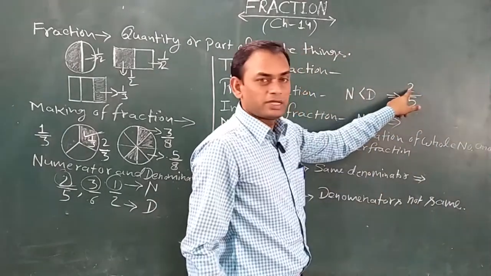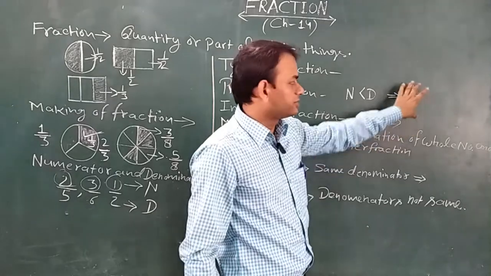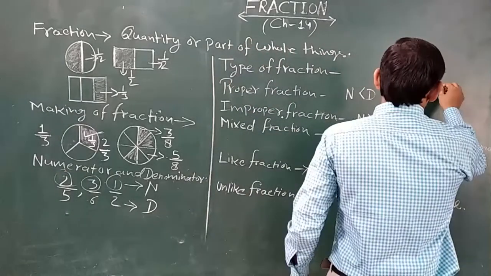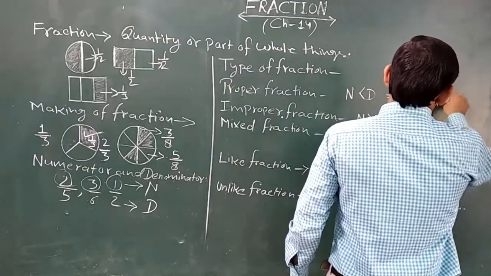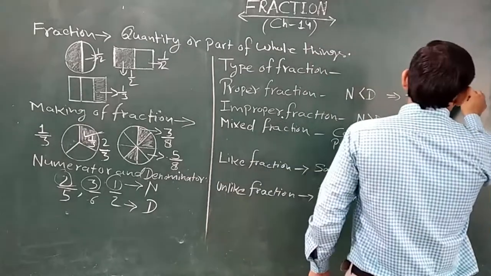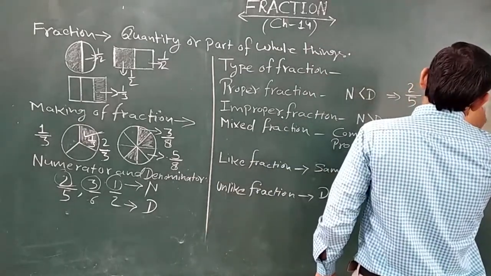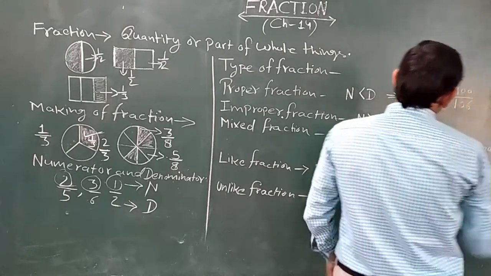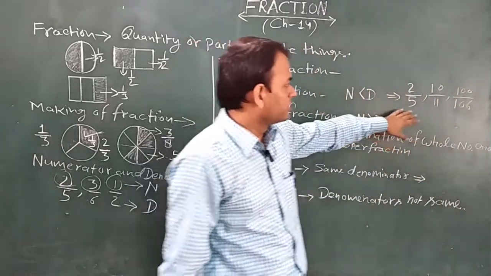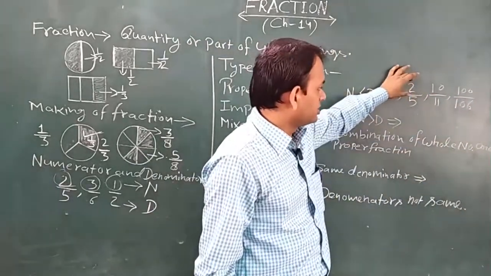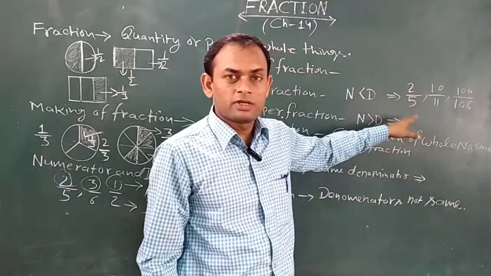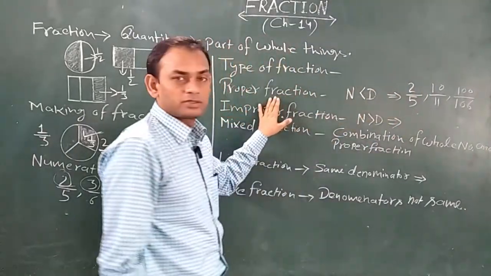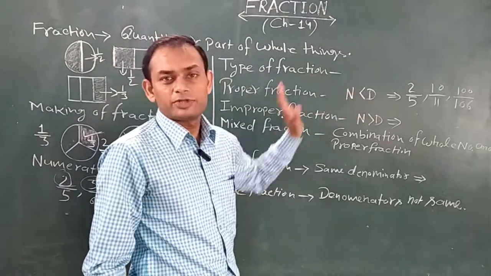Here the numerator is smaller than the denominator, so this is a proper fraction. Like 10 upon 11, 100 upon 106. Whatever you write in which the numerator is smaller than the denominator will be called a proper fraction. There are several examples you may write.